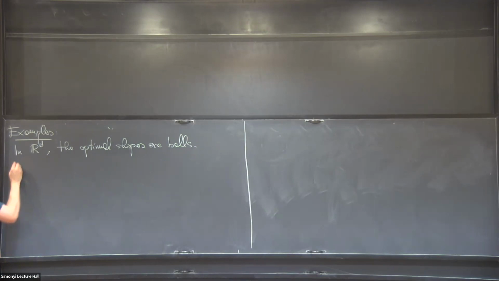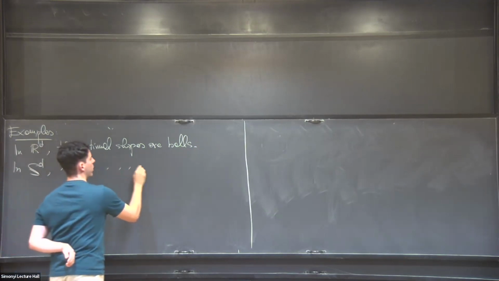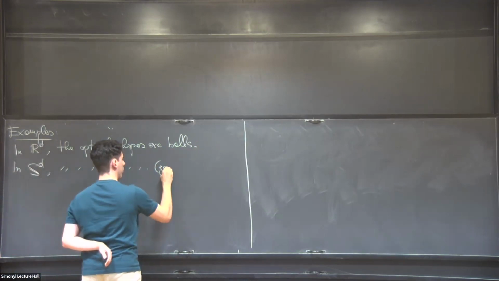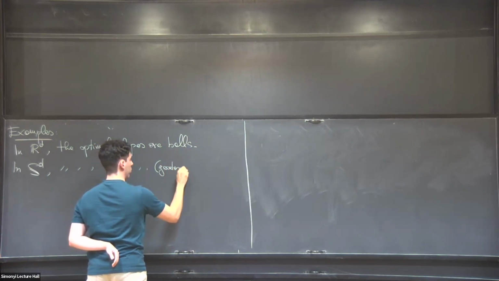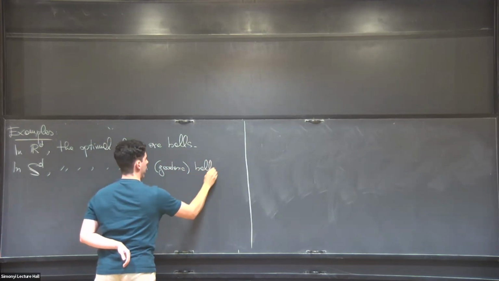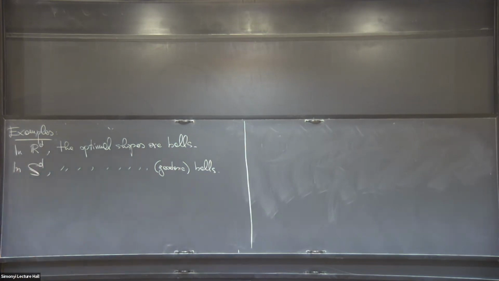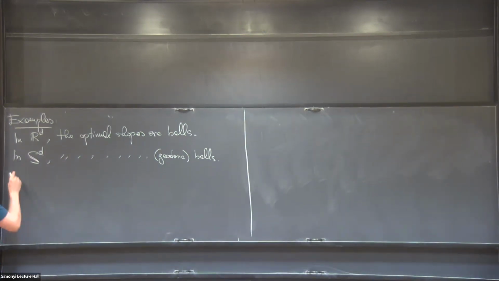Then you can ask, what's the easiest possible manifold you can think of? The d-dimensional sphere. And once again, the optimal shapes are geodesic balls. Again, on the sphere, does the problem make any sense? Yes, there is a concept of measure and there is a concept of perimeter on any Riemannian manifold. And then there's a third example that maybe is a bit more convoluted, but it will be important for us, which is the Gaussian space.